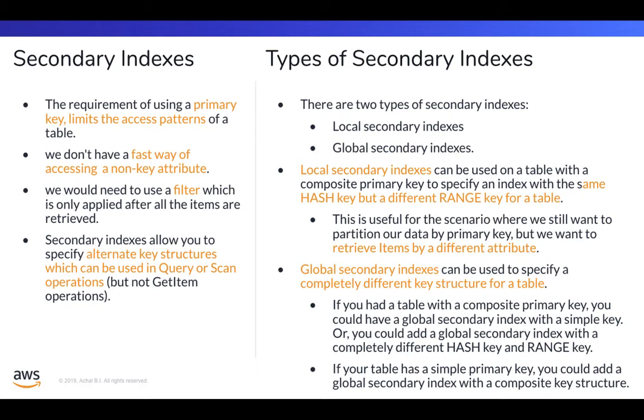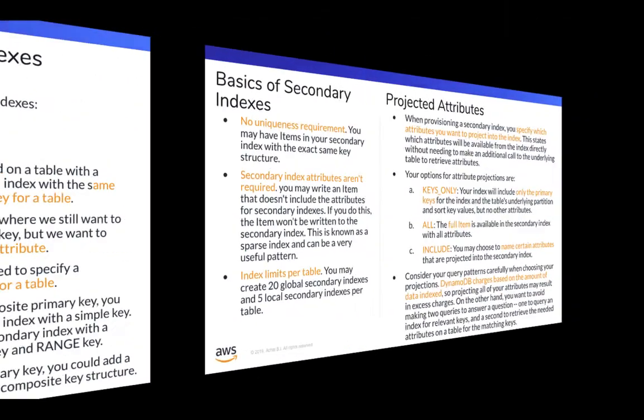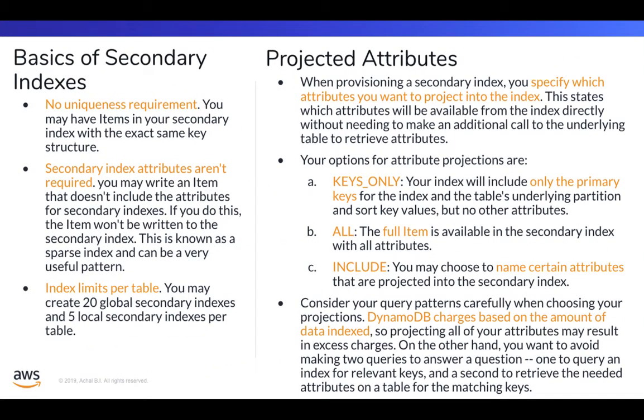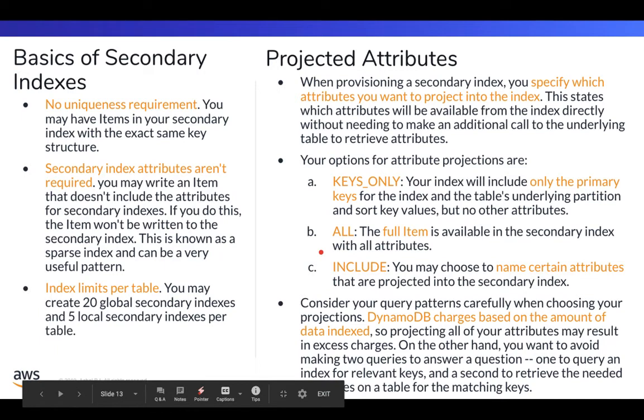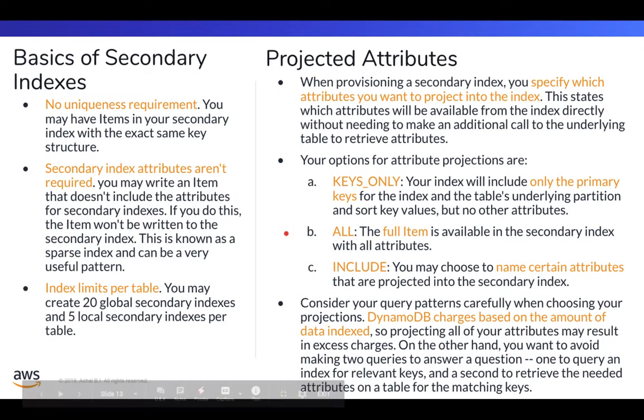So let's see how it works in a bit. Some of the basics of secondary indexes are that there is no uniqueness requirement. In a primary key, the requirement is that the partition key has to be unique all the time, right?